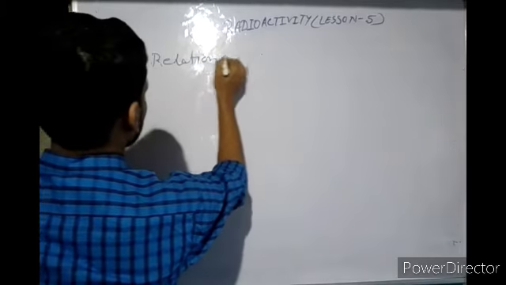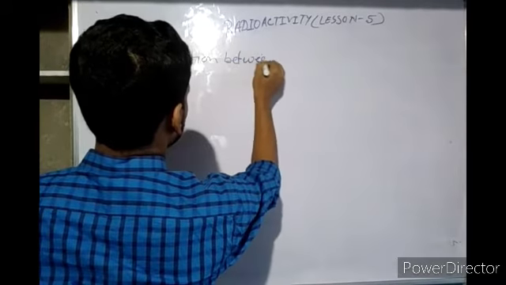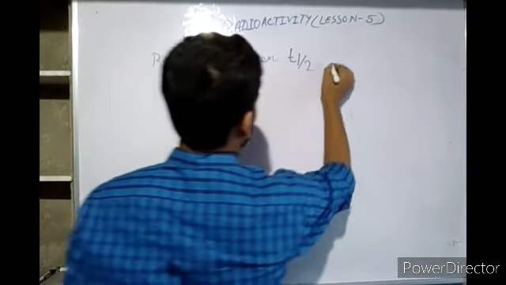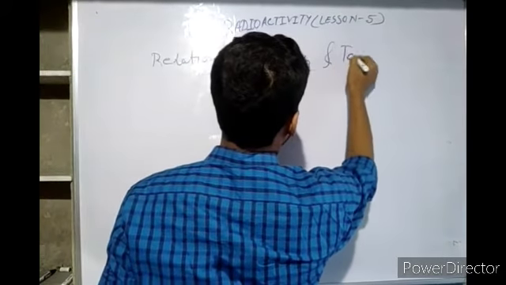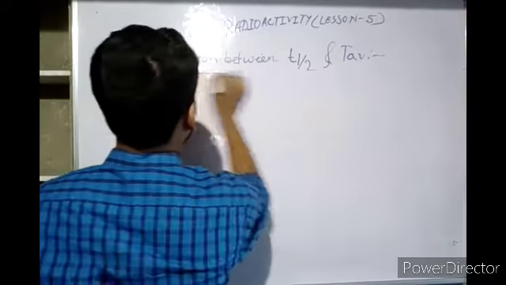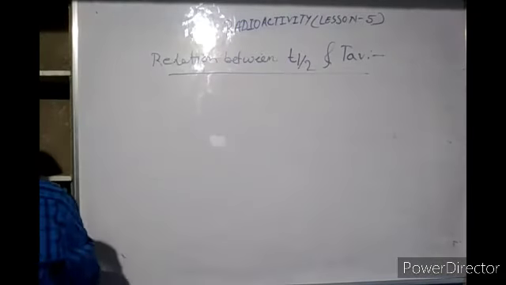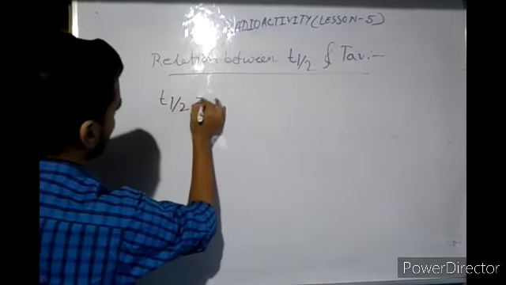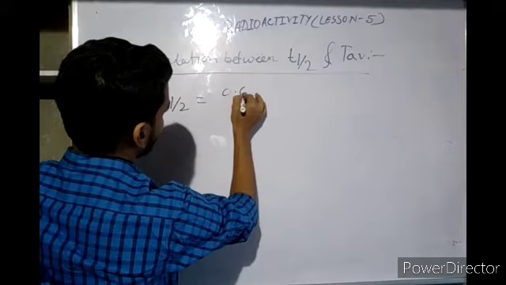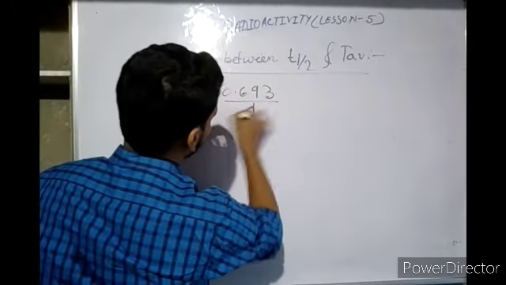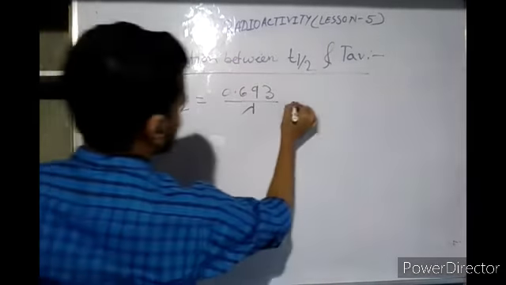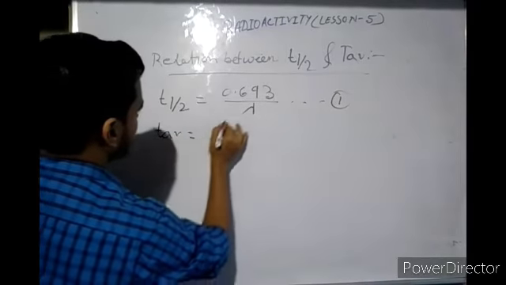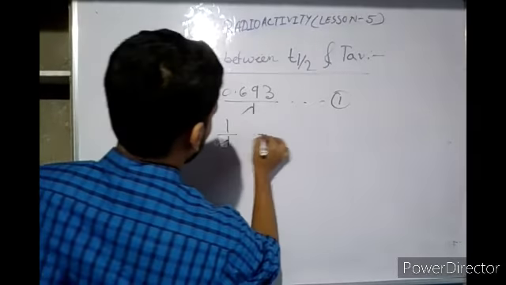Relation between T half, the half lifetime period, and T average, the average lifetime period. The half lifetime period T half is 0.693 by lambda, this is equation 1, and the average lifetime period equals 1 by lambda.